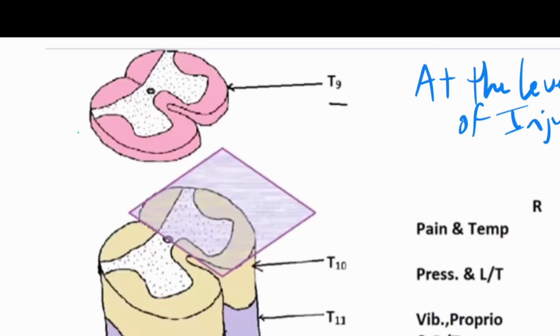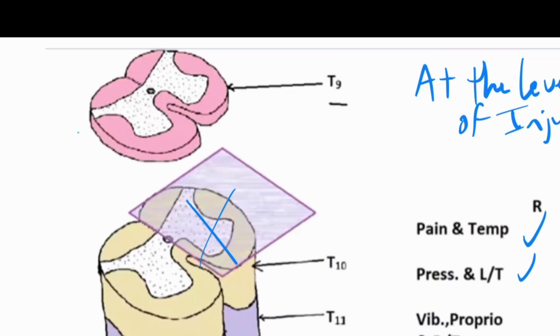Remember, it crosses over, it can get up, we're okay. Right is going to be okay. What about the left side? Nope, it's going to be down here. Pressure and light touch is good, but you lose it at the level because there are no more synapses going on at T10. Everything's been cut at T10, so nothing can happen downstream of that.